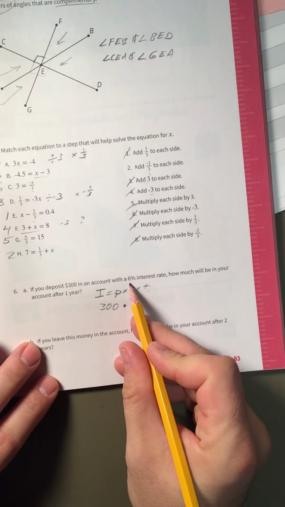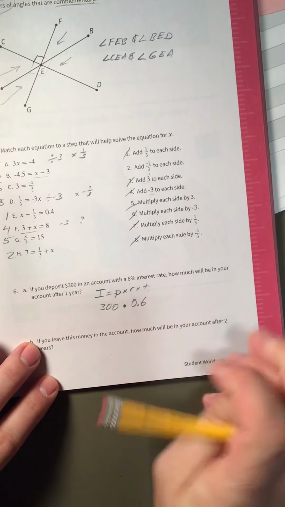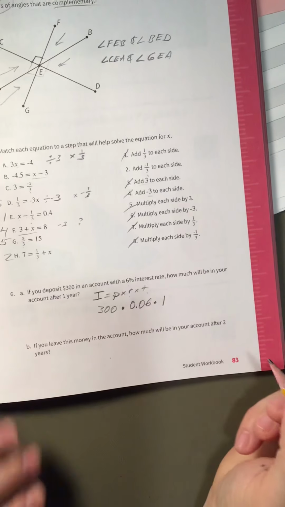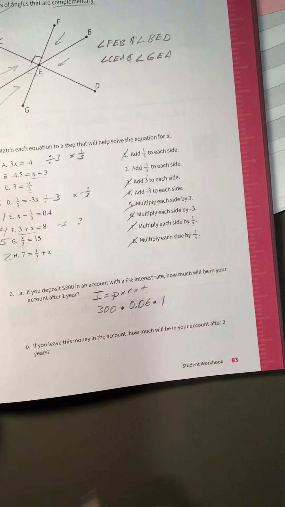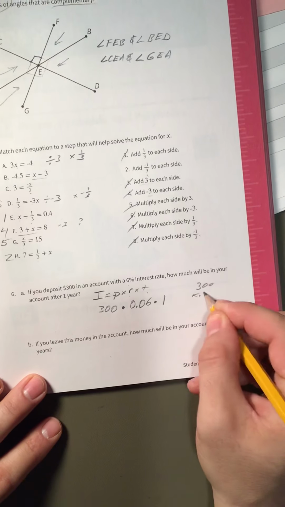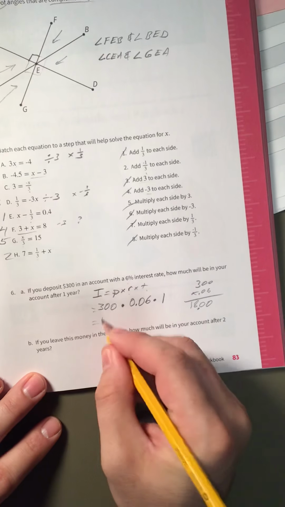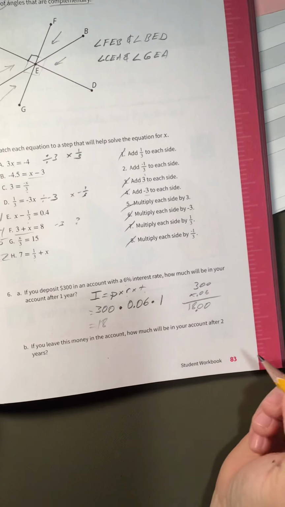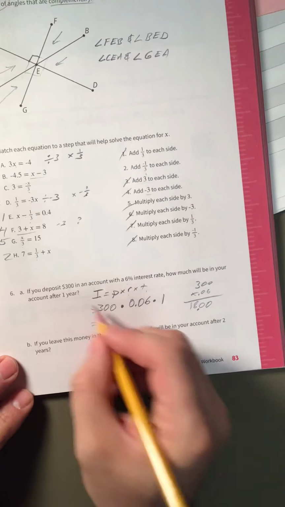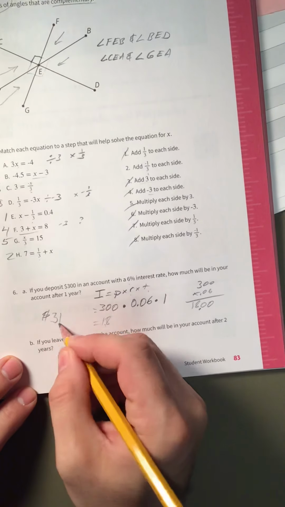Rate as a decimal, 6% as a decimal would be 0.06, times 1 year. So what is 300 times 0.06 times 1? Well, 300 times 0.06, move the decimal 2 spots, is $18. That means I get $18 in interest. So how much money will I have after 1 year? 300 plus what the bank's given me for keeping my money in the bank, $318.